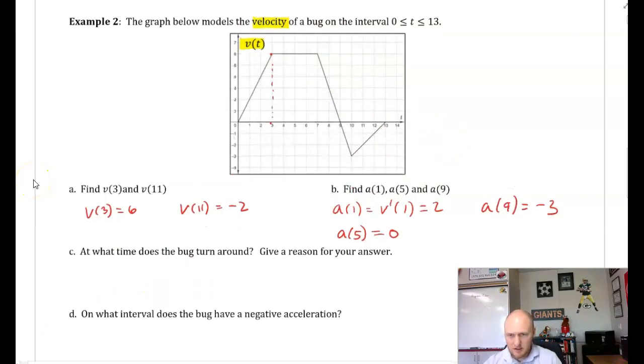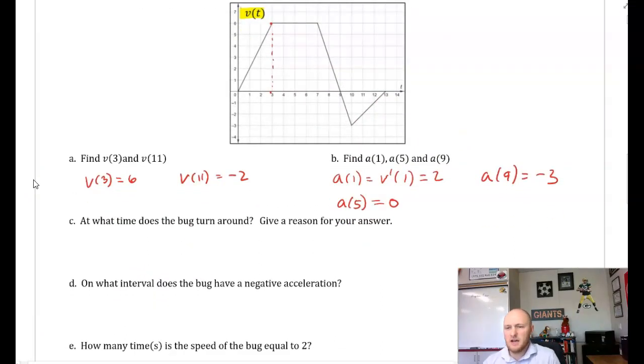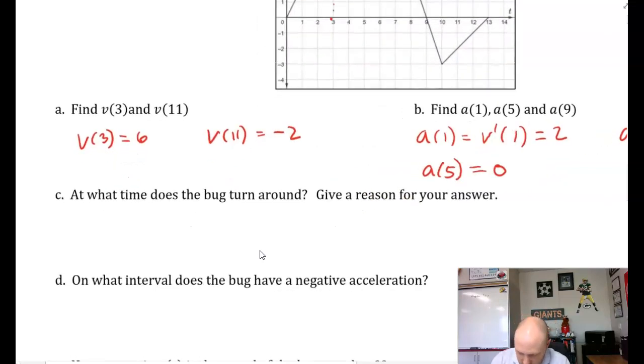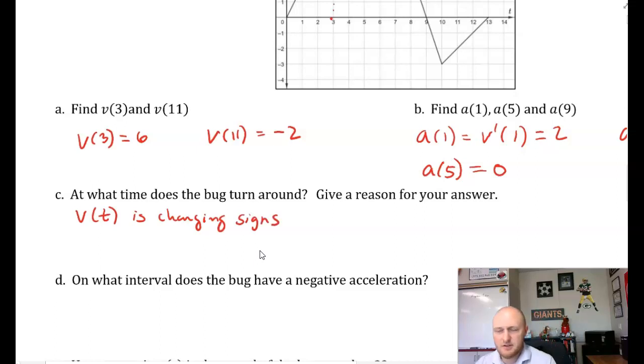All right, so question C. At what time does the bug turn around? Give a reason for your answer. So again, when a bug is turning around, this just means that the velocity is changing signs. I'm moving from the left, which has a negative velocity, to the right, which has a positive velocity, or vice versa.